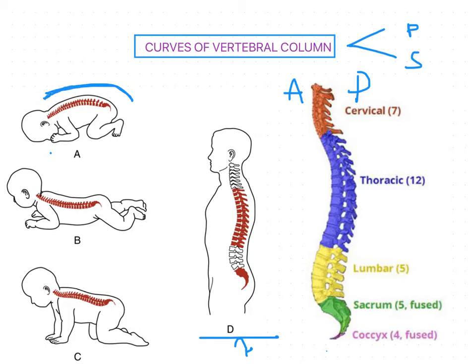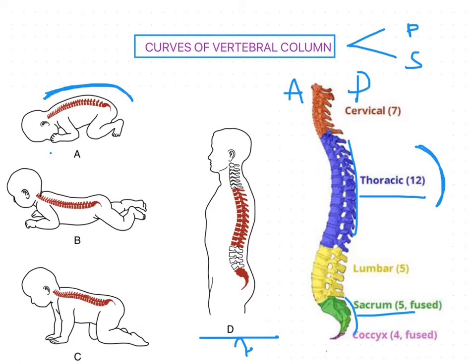Now these primary curves are retained throughout life in two regions: one is the thoracic region and the other is the sacral region. What is the primary curve? Posterior convexity, which we can find in the thoracic and sacral regions.